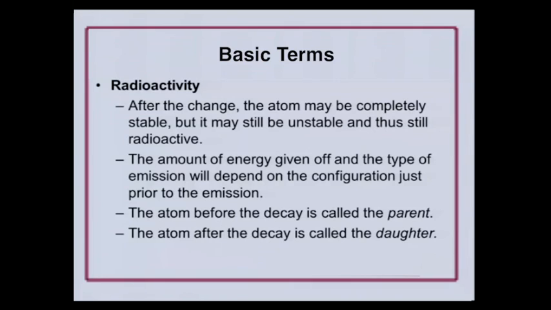The amount given off is dependent upon the configuration just prior to that emission. The atom that is radioactive to begin with and starts this whole process is considered the parent. The isotope that remains after the decay is referred to as the daughter. If the daughter is radioactive, then it becomes the parent and decays to the subsequent daughter, and so on.